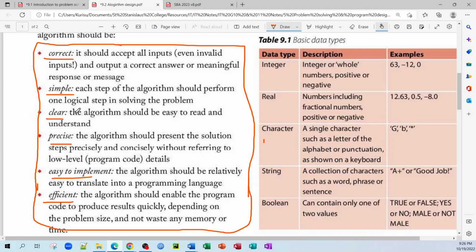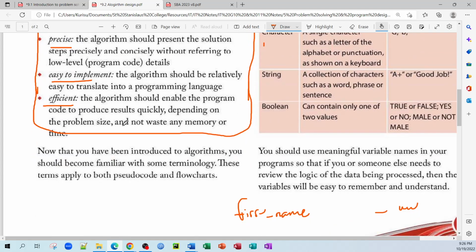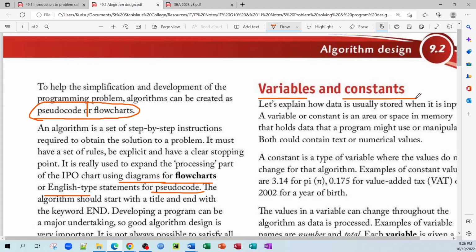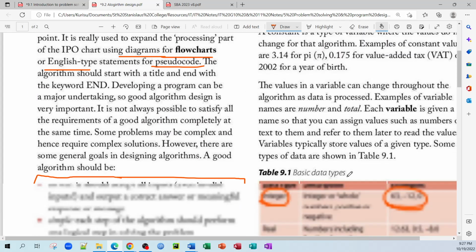These are the characteristics of a pseudocode, the characteristics of an algorithm. We learned what is a variable, what is a constant. Remember, the purpose of both of them is to store data. But the difference is that one is going to change, one is going to remain the same throughout the program.